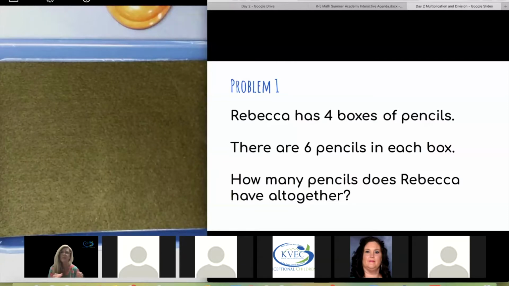So when it says Rebecca has 4 boxes of pencils, what do we know there? She has 4 groups of 6 pencils. Right. So we know the groups. And then it says there are 6 pencils in each box. So we know the what?